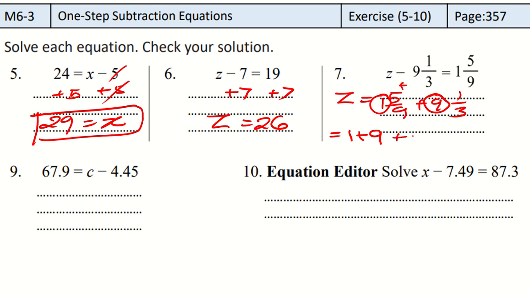Okay, plus 5 over 9 plus 1 over 3. So if you want to make 3 and 9 the same denominator, just multiply denominator and numerator by 3. So it will become 3 over 9. So what answer are you getting here? 9 plus 1, 10, plus 5 plus 3, 8 over 9. So the answer will be 10 whole 8 over 9.